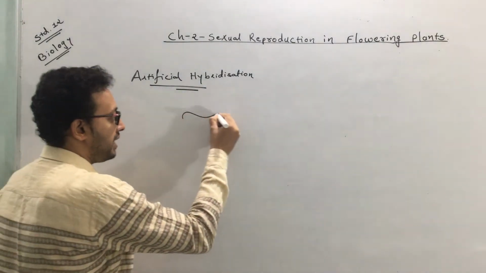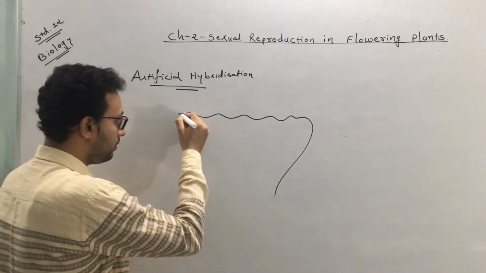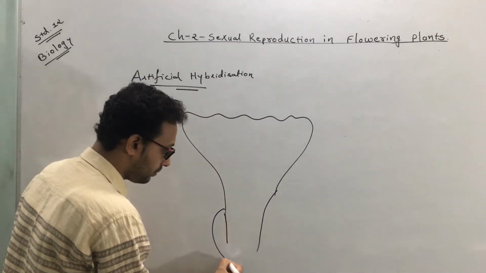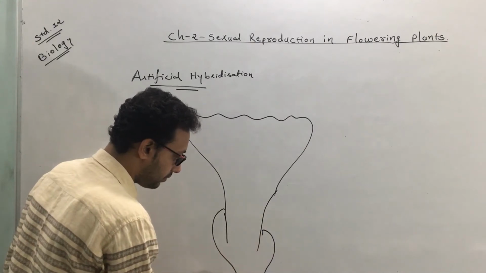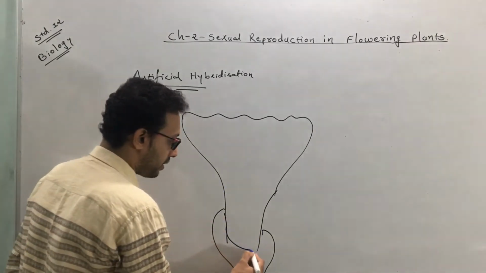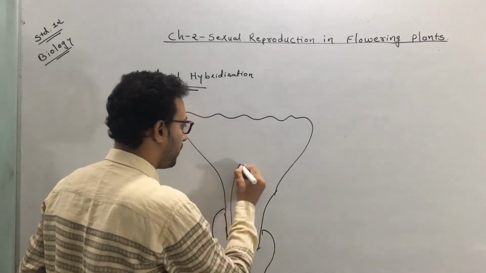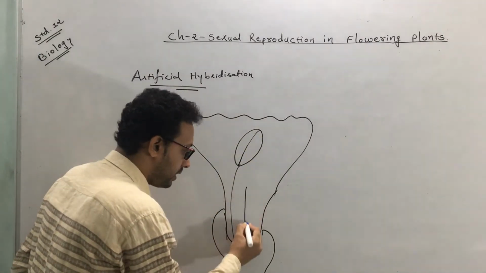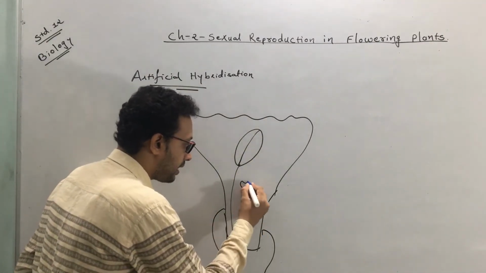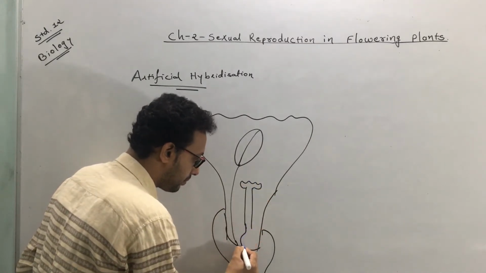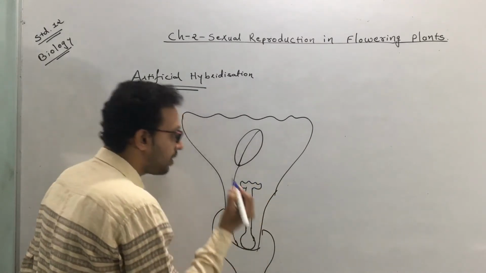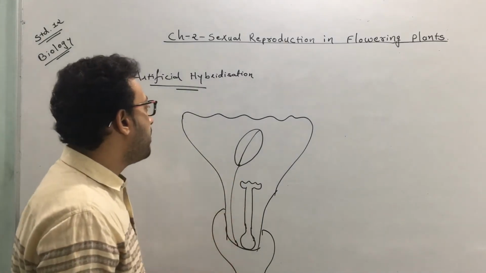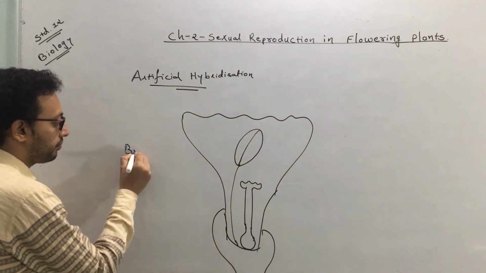Assume that this is a bisexual flower, and as it is a bisexual flower, it possesses both sexual organs, the stamen as well as the carpel. Both are present.